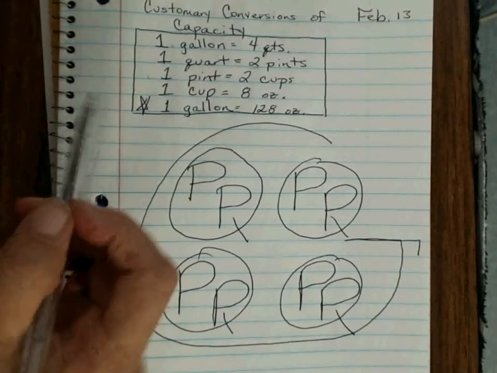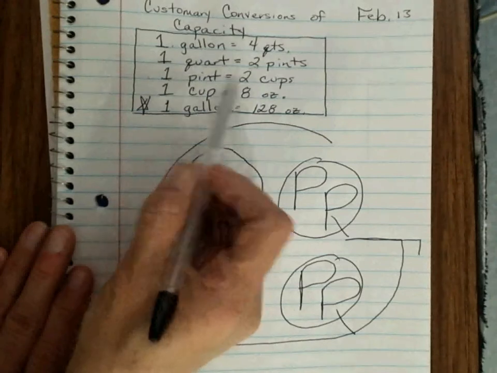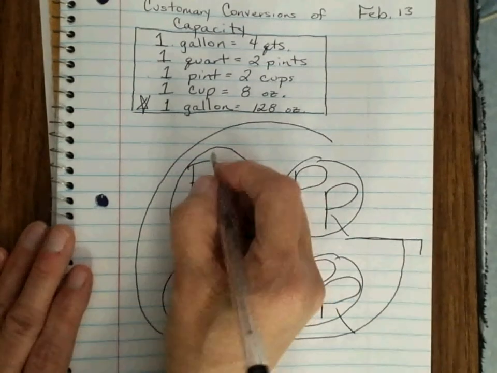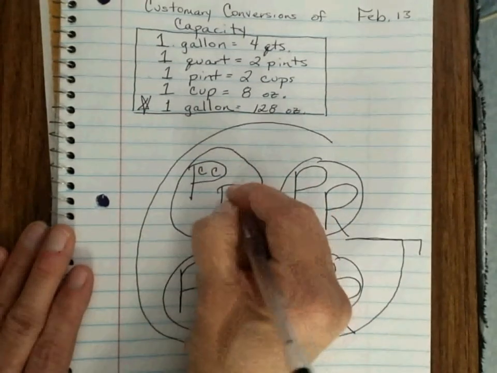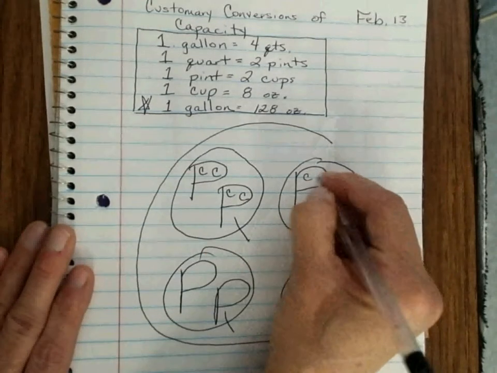And then looking back, I can see that each pint has 2 cups, so I'm going to put 2 C's inside of each pint.